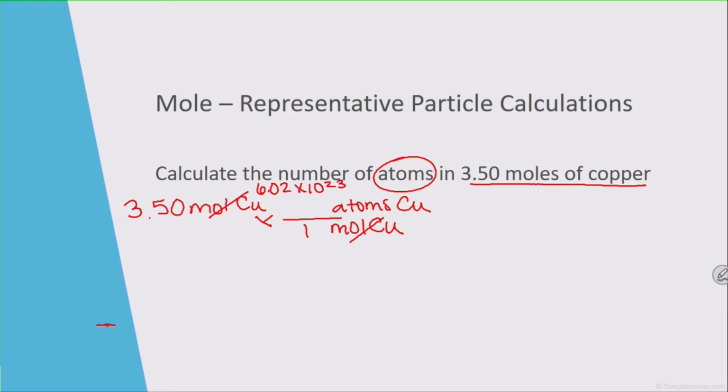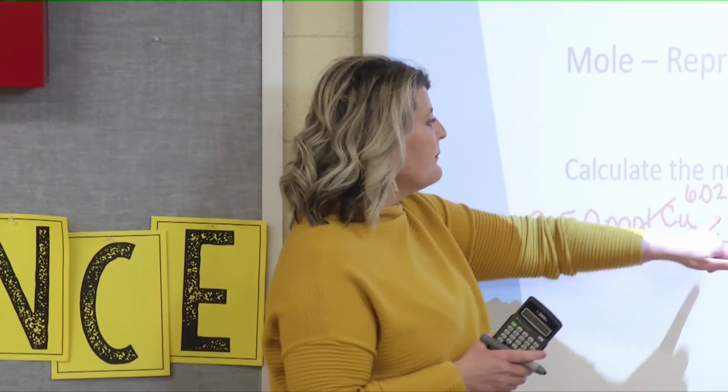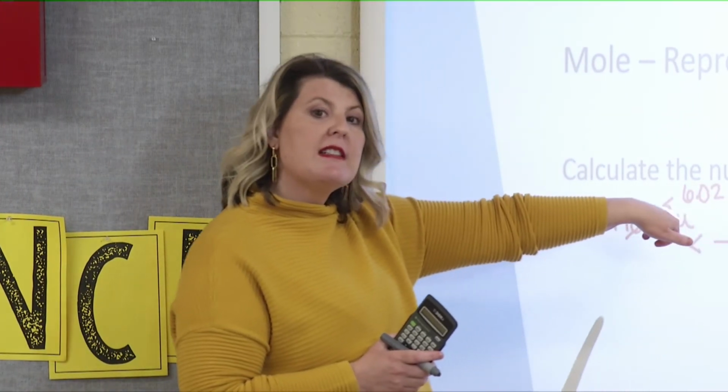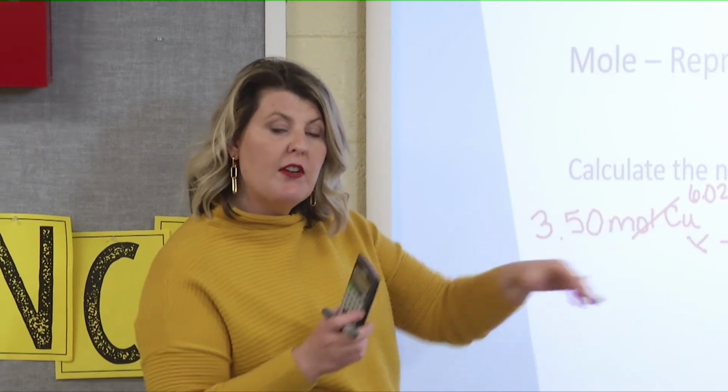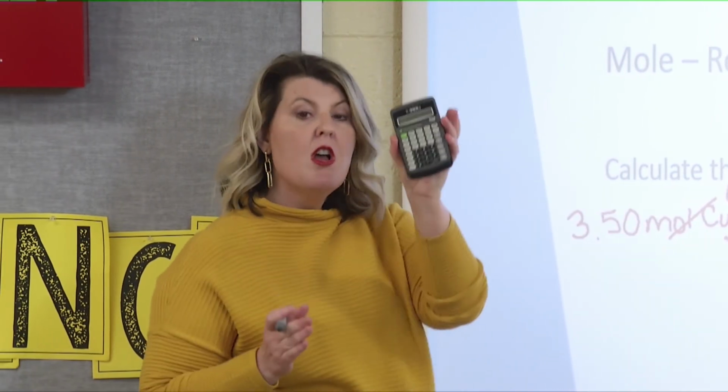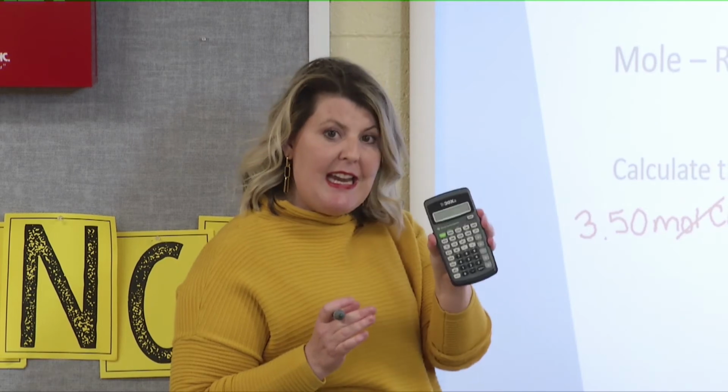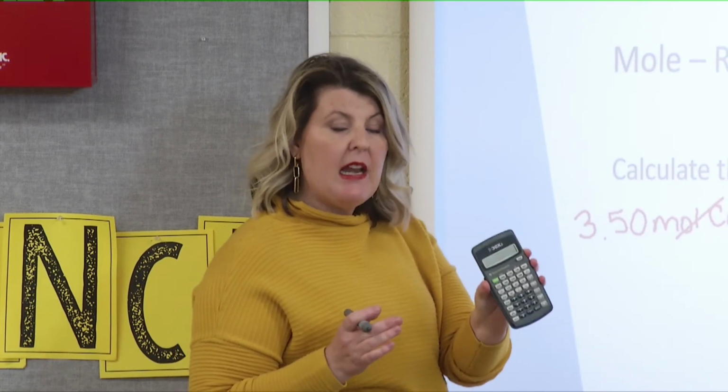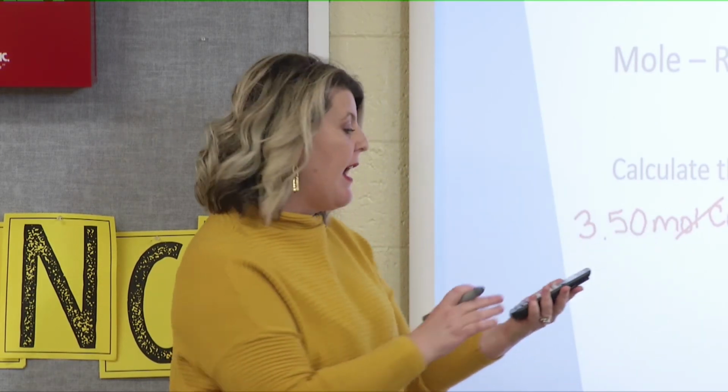So from there, now that your units are right, you can write an equal sign, go grab your handy dandy calculator, and we're going to enter this into our calculator. Now, whenever you enter a number that's in scientific notation into your calculator, you have to have a scientific calculator, look for the button EE or EXP, and I'm going to walk you through how to input this into your calculator.